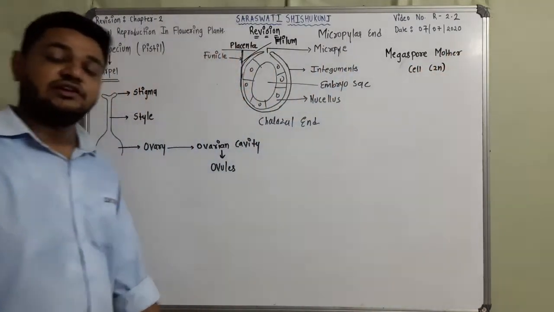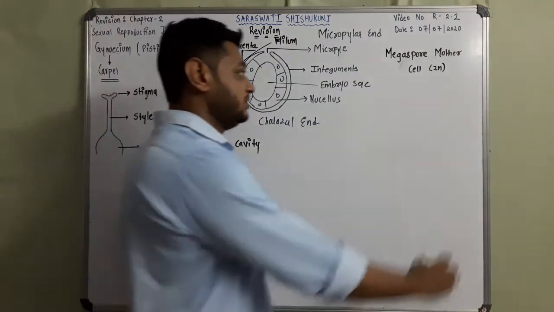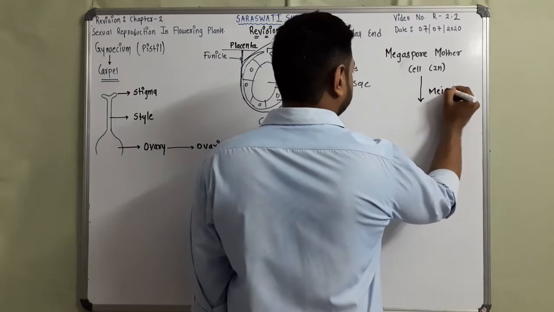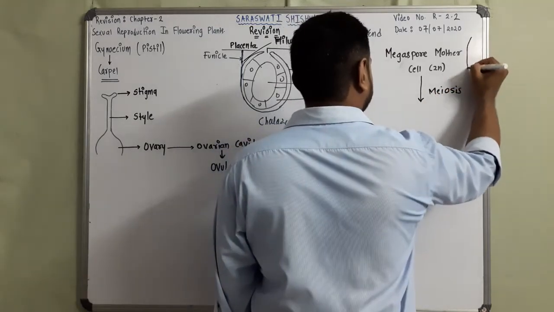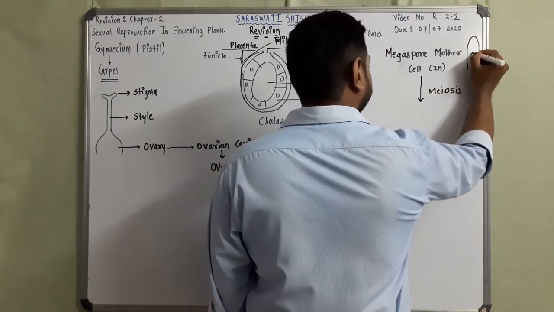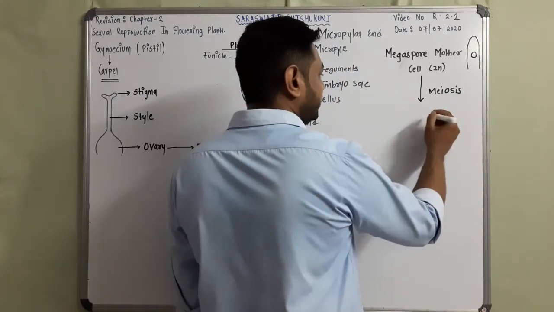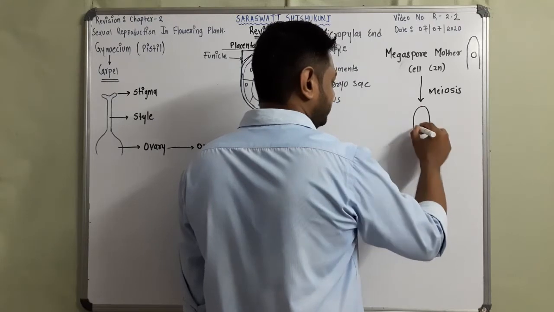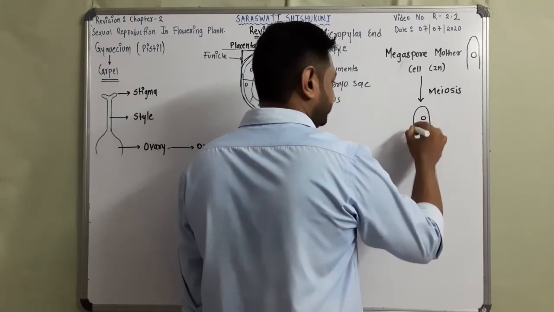This undergoes meiosis. So let's say this is a megaspore mother cell. When it undergoes meiosis, it will first form two cells.